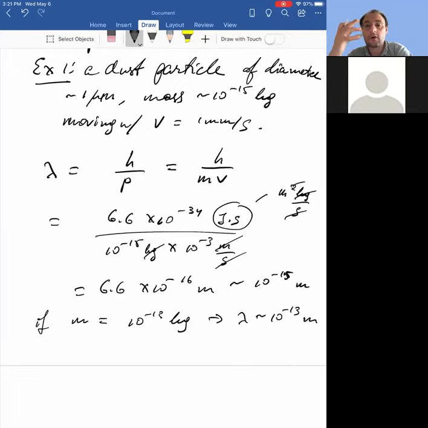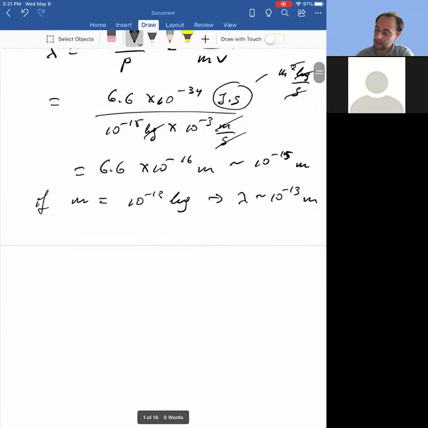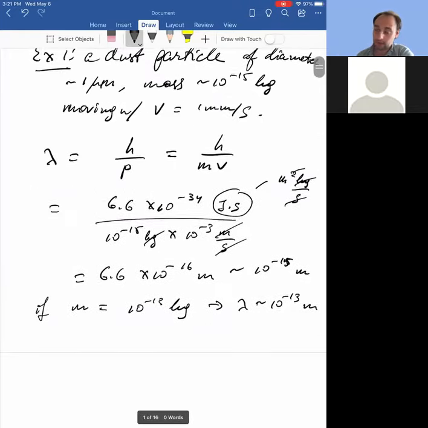They are of order angstroms, meaning 10 to the minus 10 meters, okay? And this is at least 1,000 times or 10,000 times smaller than an angstrom. It's a very small wavelength. Okay, so we'll come back to this.